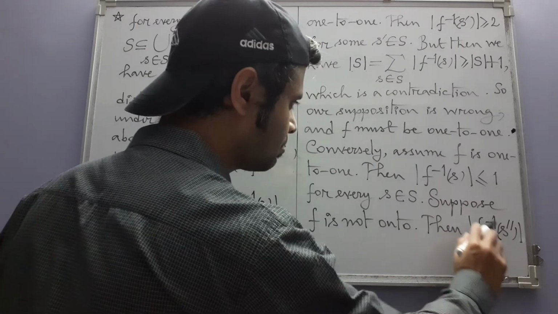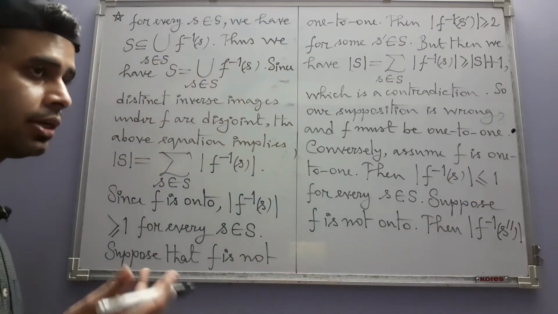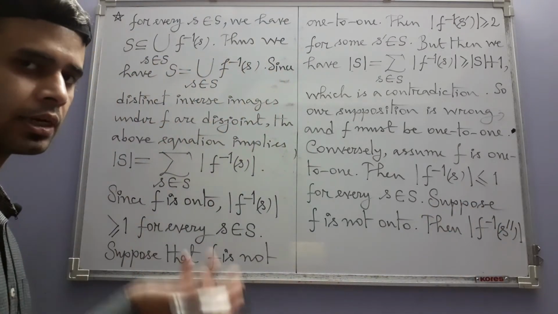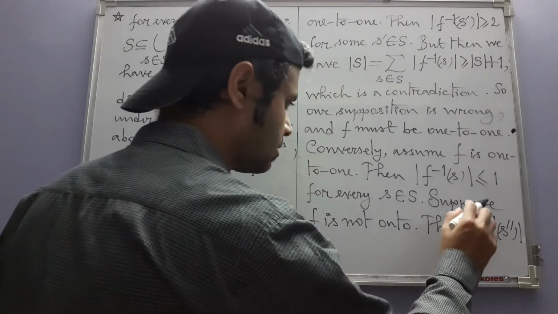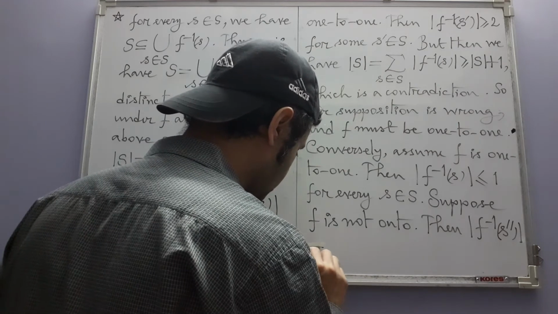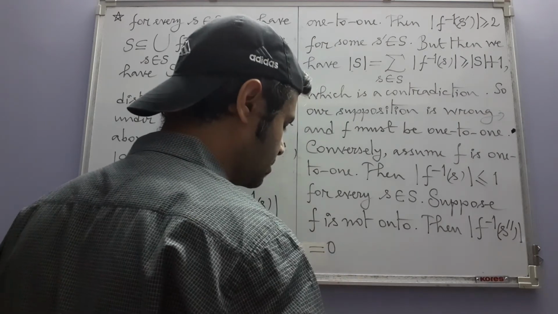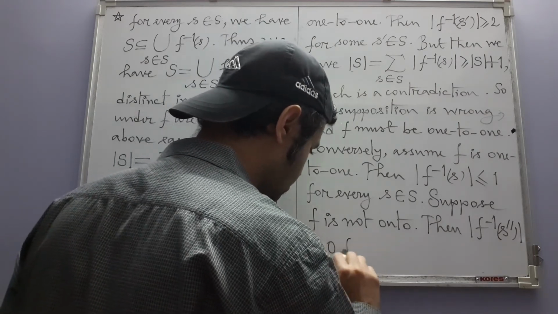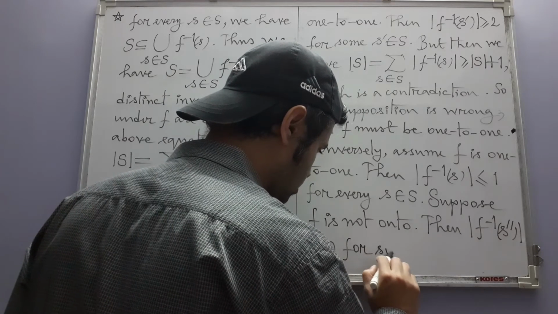There will be some output which is actually not an output at all. It is not coming from any input. The inverse image of such an element will be empty, and so the number of elements in the inverse image will be 0 for some s.